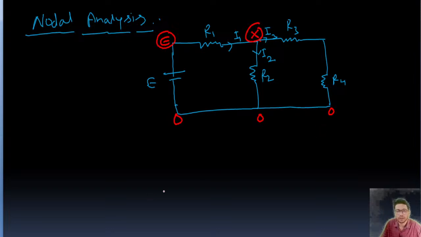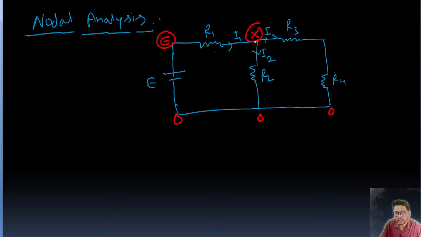Now we are going to use nodal analysis. Very simple, guys. We'll use KCL. This is X, so we'll do X minus E, the voltage difference, upon the resistance in between, so X minus E upon R1.